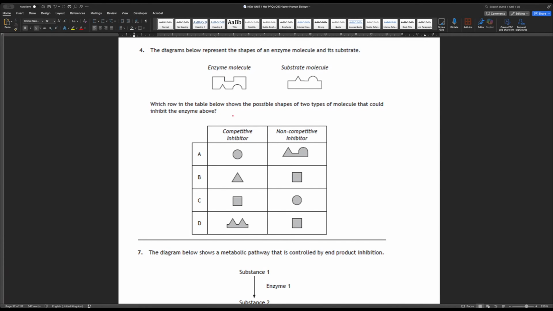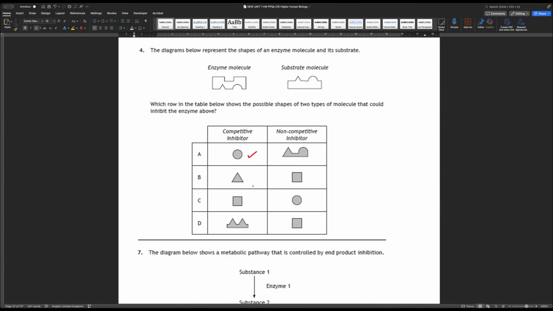Which row in the table shows the possible shapes of two molecules that could inhibit the enzyme above? A competitive inhibitor binds to the active site. By looking at the substrate and its shape, we know this is the active site down at the bottom of the enzyme here. So is there any competitive inhibitor that could bind to the active site there?